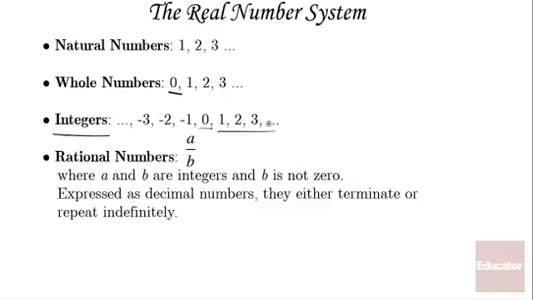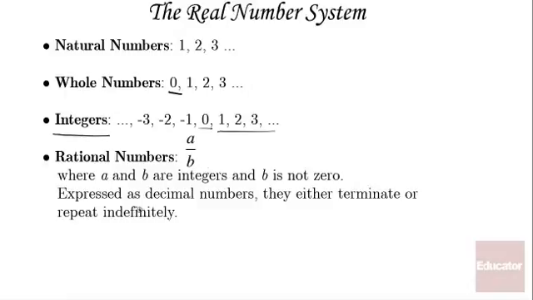Rational numbers encompass those groups, and it actually encompasses any number that is defined as such: A divided by B shows that a rational number can be expressed as a fraction. And a rational number is one where A and B are integers and B is not 0. Remember that you can't divide by 0, so B cannot be 0, but it can be any other integer.